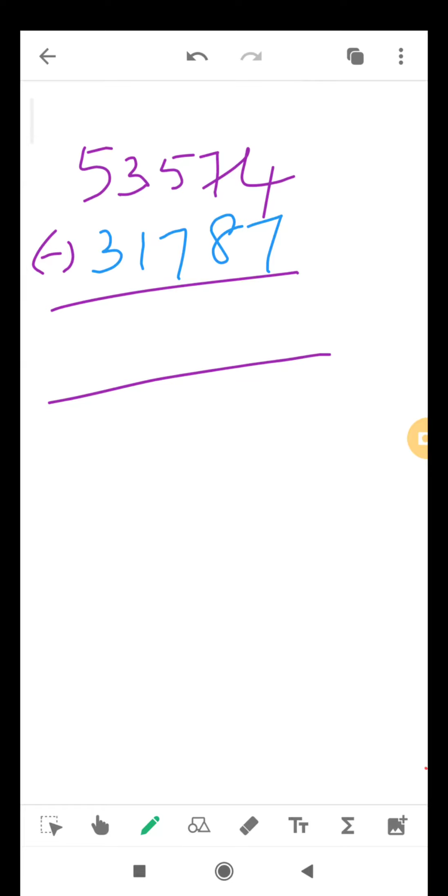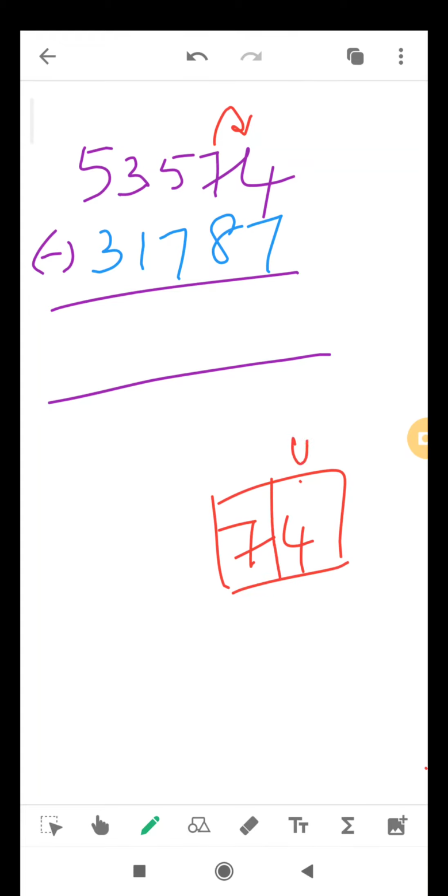See, this is 4. Now take 1 from here. 1 we are taking means it is 10. Think of these two, 74: this is units place, means ones place, and the second is tens place.